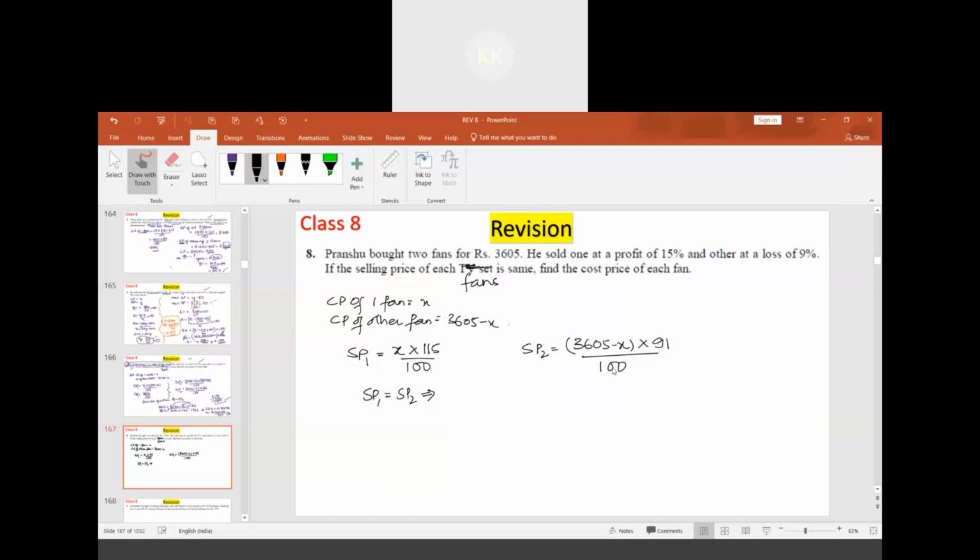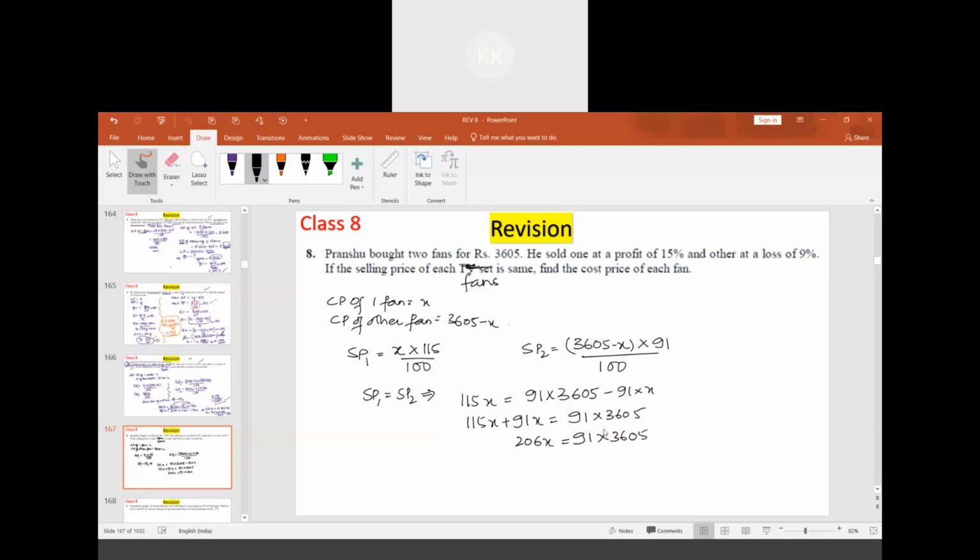Denominators get cancelled. We get 115x is equal to 91 times 3605 minus x. So they should be added up. 115x plus 91x will be equal to 91 into 3605. 115 added to 91 is 206. So 206x is equal to 91 into 3605.